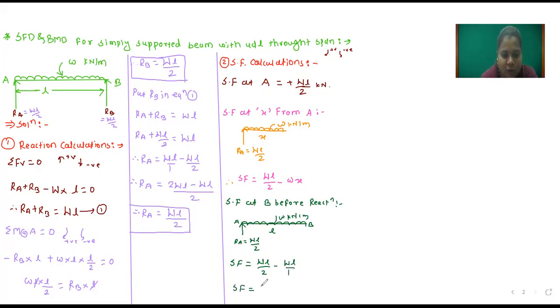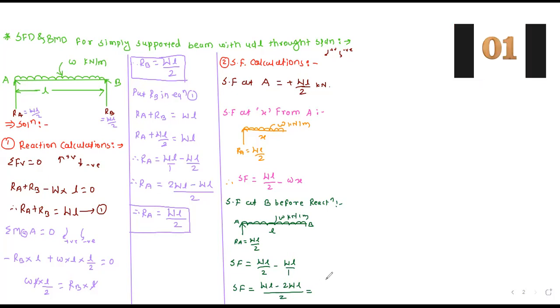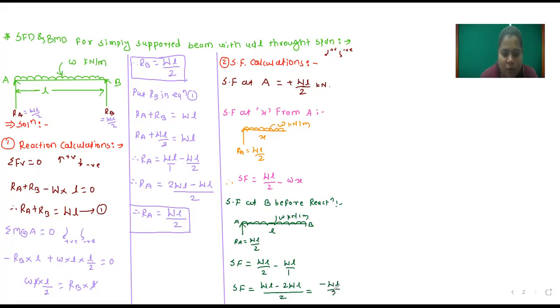So shear force is equal to WL minus 2WL divided by 2, which is equal to plus WL by 2 or minus WL by 2? Minus WL by 2. Yes, minus WL by 2. So shear force at B before reaction is equal to WL by 2 kilonewton.